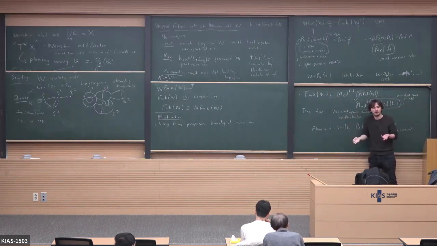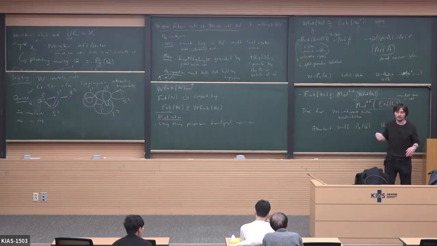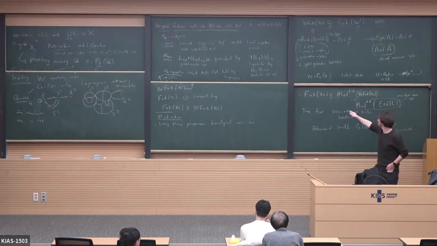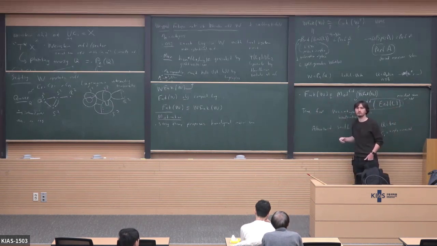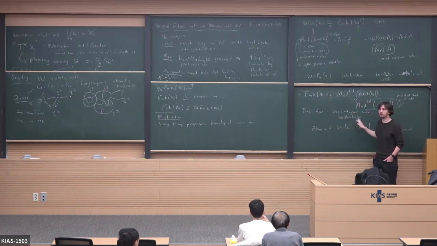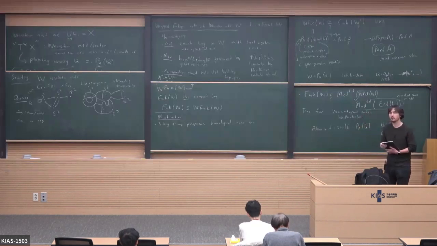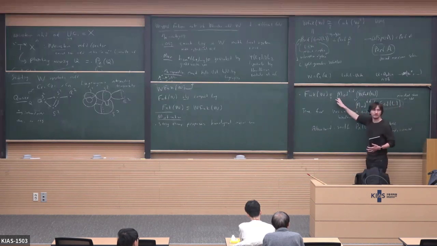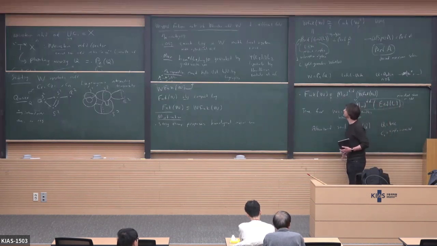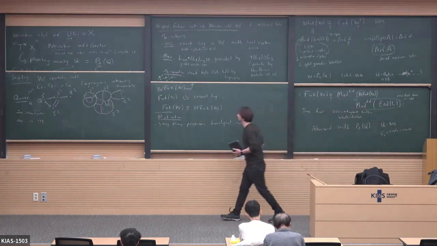Actually, it's better to define this with immersed Lagrangians. That's the moral of the story. But in the cotangent bundle case, we don't need to do that. The embedded definition works. But anyway, you can always make this true, I feel, with some chosen Lagrangians. Okay, where am I now?